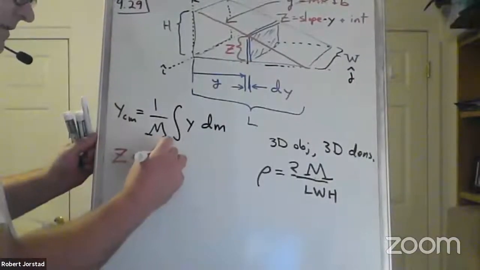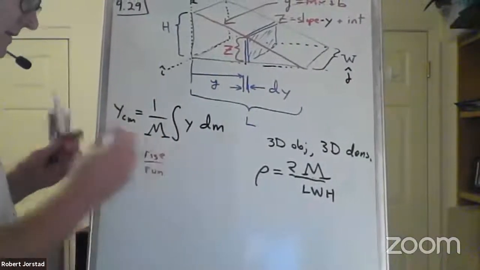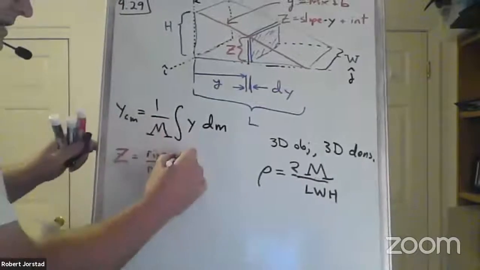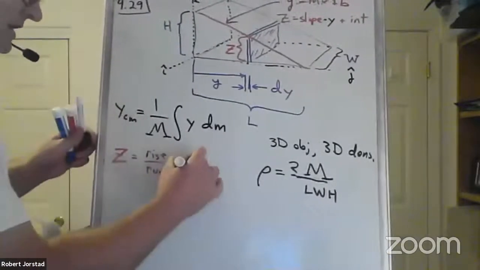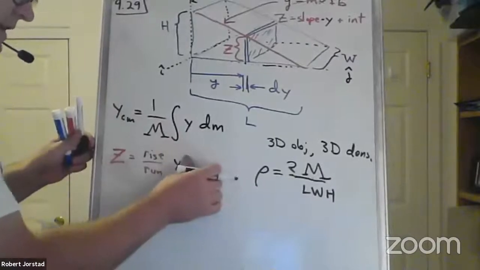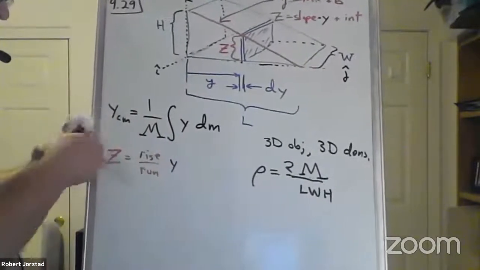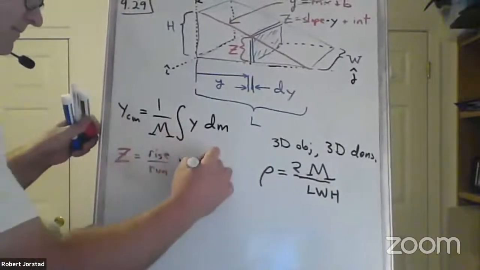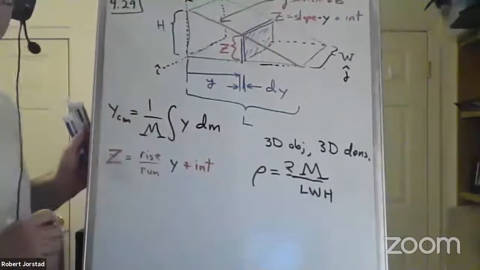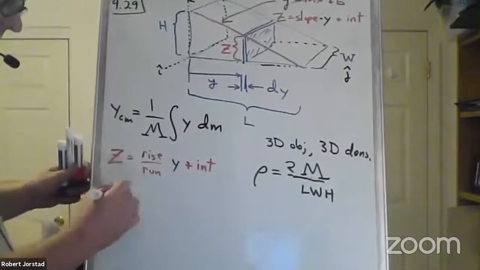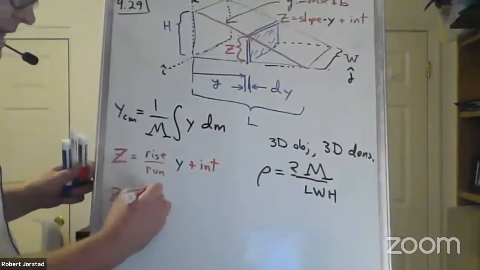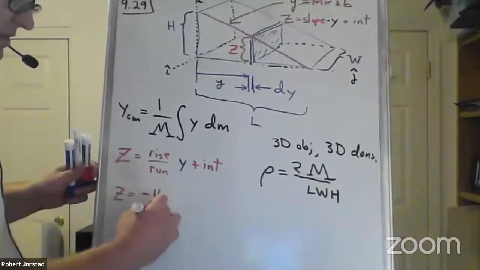So rise over run times y, plus, let's get the intercept here, plus the intercept. Oops, let me write that in red. Plus the intercept. Rise over run is not h over L. Rise over run is negative h over L because the slope is going downwards.